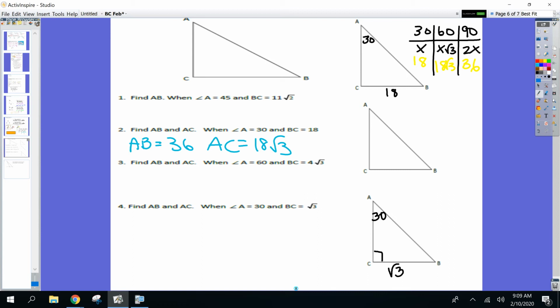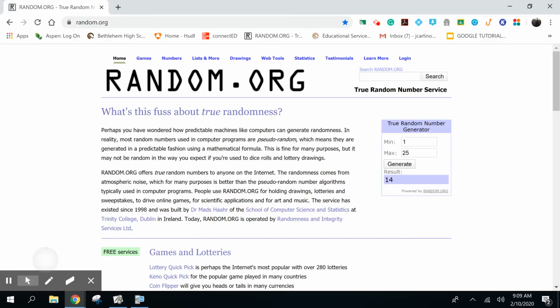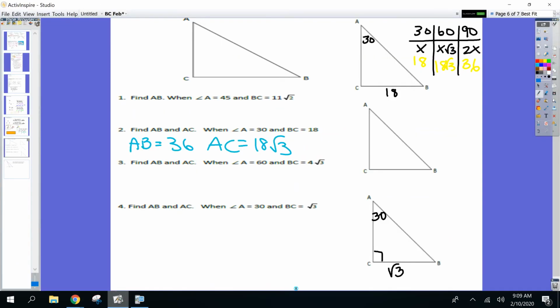First thing, I know it's common, but what type of triangle is this? Special triangle? Yep, so I get my 30, 60, 90 chart with rules ready to roll. X, x radical 3, and 2x.